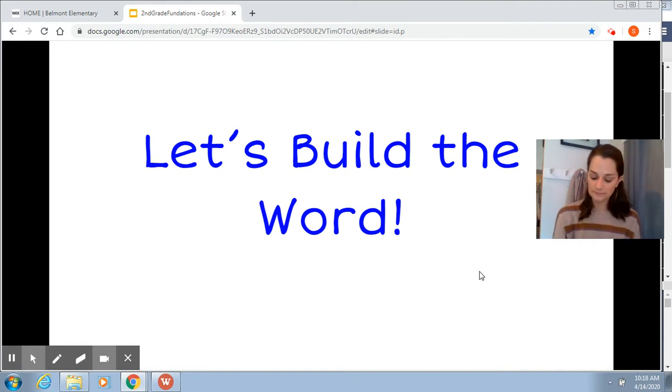This is a review. We are going to work with ER, IR, and UR controlled vowels today. And like I said in class, there's really no trick or rule or key in thinking about which R-controlled vowel comes in that word. The one thing I can tell you is that a lot of ER R-controlled vowels come at the ends of words, but that's not always the case.